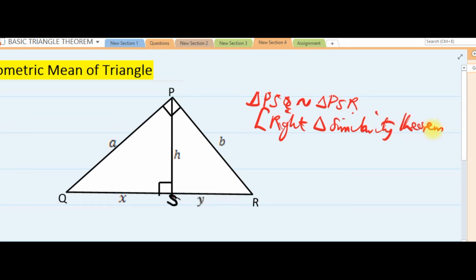So the two triangles are similar by that, which implies that the ratio of the corresponding sides are proportional.